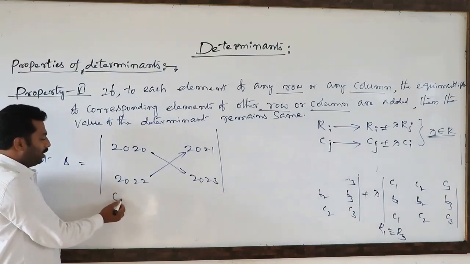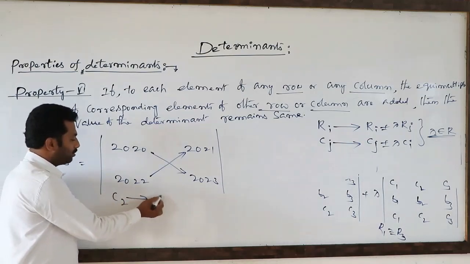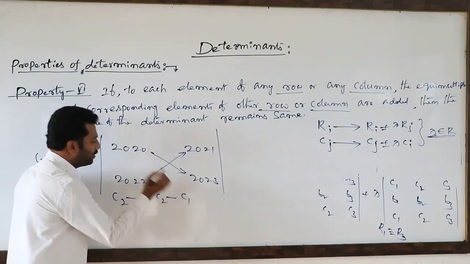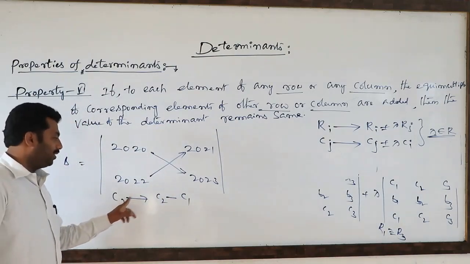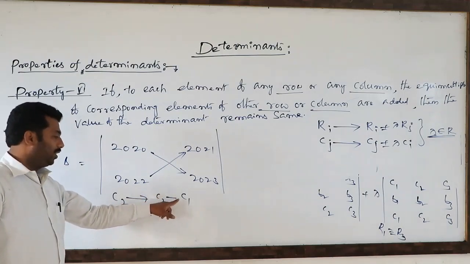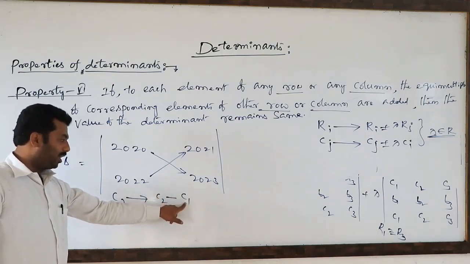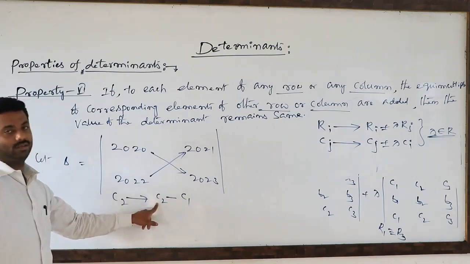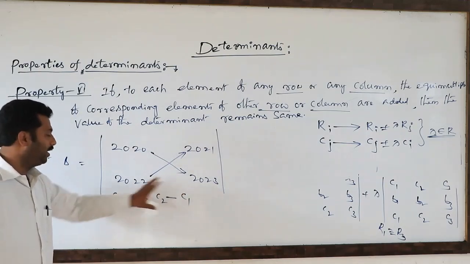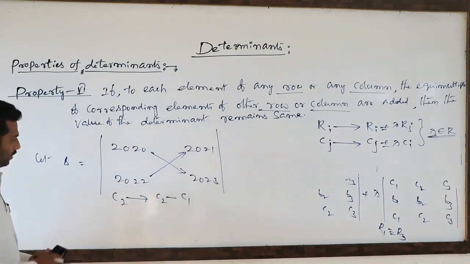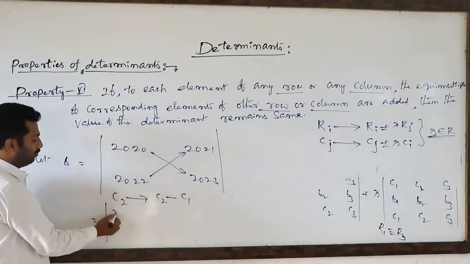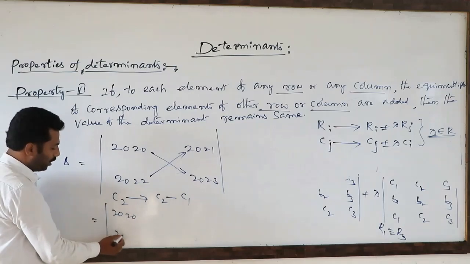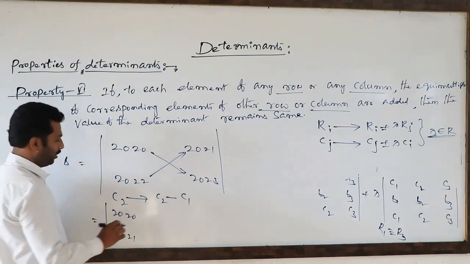We apply one operation: C2 changes to C2 minus C1. All the first column elements are subtracted from the second column, and the result is written as C2. There is no change in the first column: 2020, 2021.